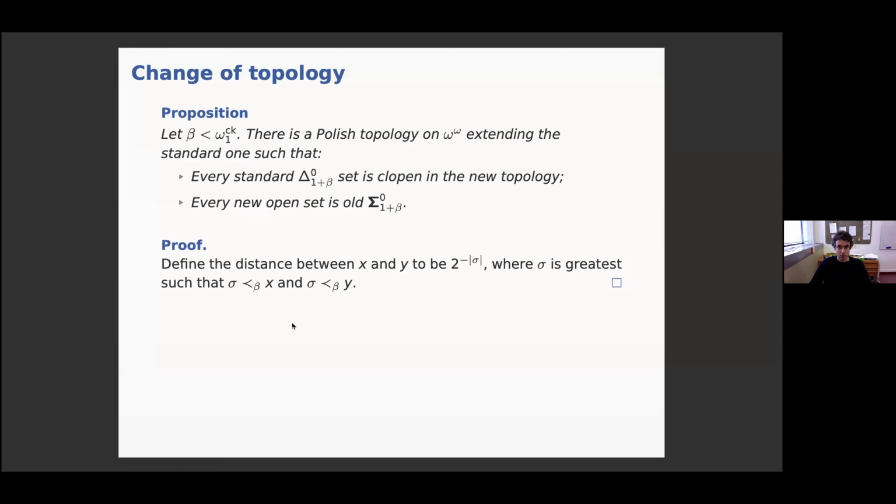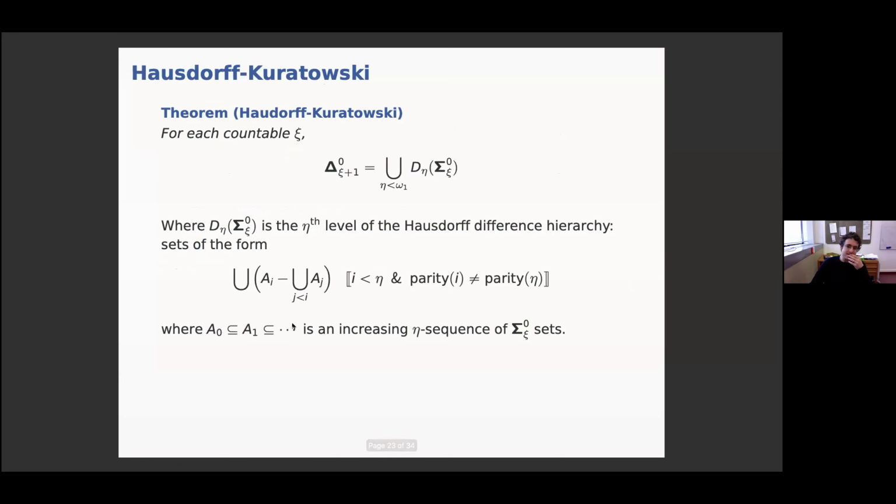Here's another application, the Hausdorff-Kuratowski theorem. What does it say? It's a characterization of, to begin with, delta 2, but then higher up, all delta successor classes.